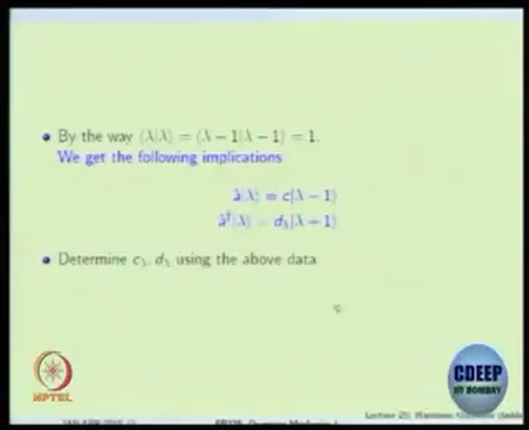A dagger on lambda is D lambda times lambda plus 1. So can you determine C lambda and D lambda using this above data? So can we work it out? Can you use this data and determine what is C lambda and what is D lambda?